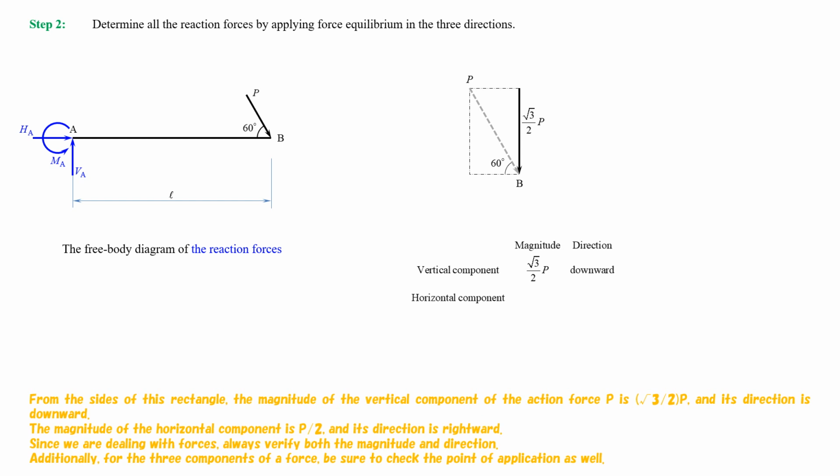The magnitude of the horizontal component is 1/2 of P. And its direction is rightward. Since we are dealing with forces, always verify both the magnitude and direction. Additionally, for the three components of a force, be sure to check the point of application as well.